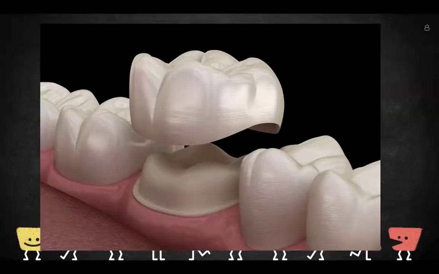So one of the most popular uses of this is making crowns, lifelike looking crowns. Crowns are usually given on a single tooth, usually following root canal treatment or post-sedative.